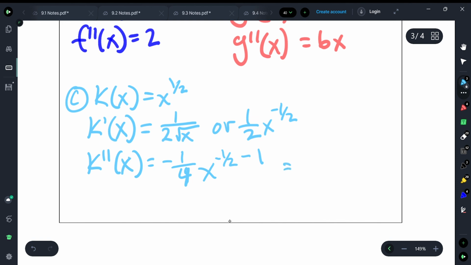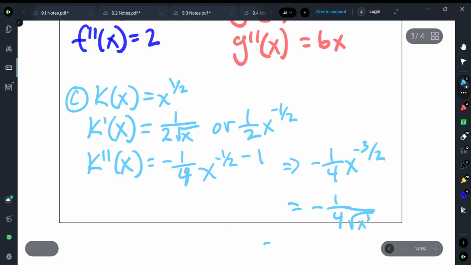So that's telling me that this is going to be negative 1/4 x to the negative 3 over 2 power. Okay, so now I have negative 1 over 4, and I bring this down. This is going to be the square root of x to the third. I could leave it like that, or I could take some things out of the bottom because one of those squares comes out and you have that right there.